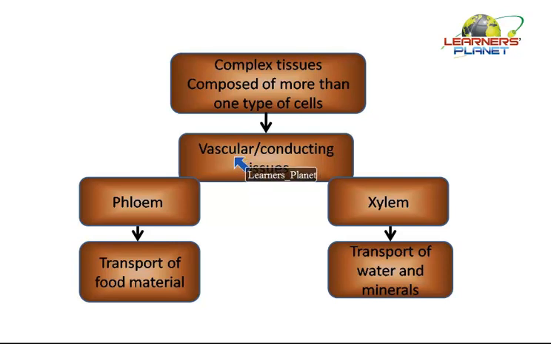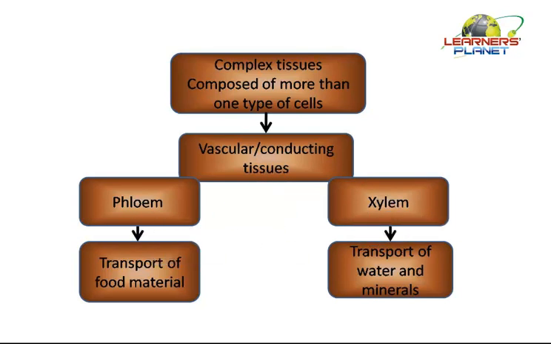So thus they are called vascular. It is in relation with the vessel. And conducting tissue, as they are transporting material from one side to the other. Now, depending upon whether they are conducting the transport of food material or water and minerals, they are of two kinds. What are they? Phloem and xylem.